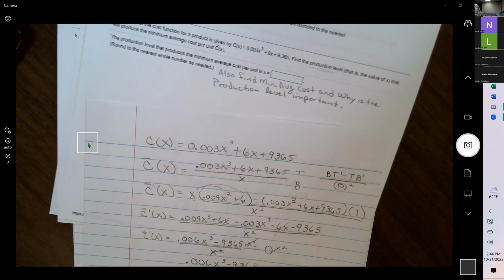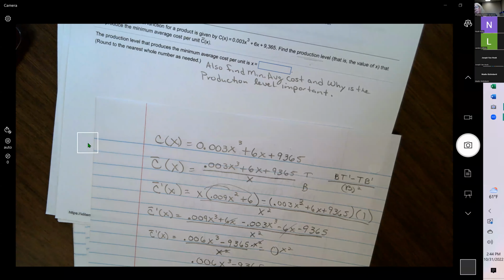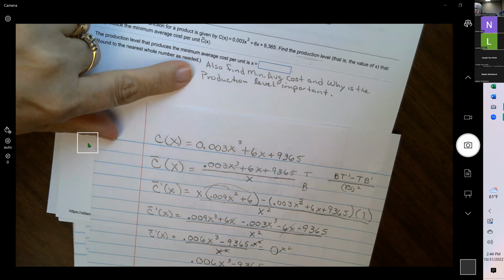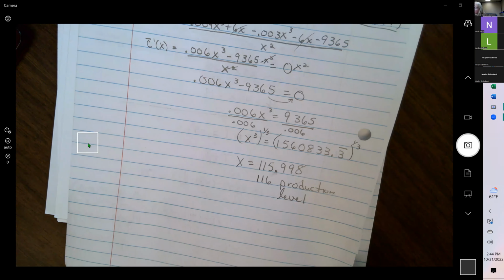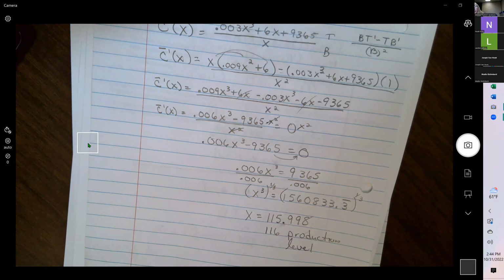Now, I also asked why the production level was important and to find the minimum average cost. To find the minimum average cost, you plug your 116 into your average cost function.